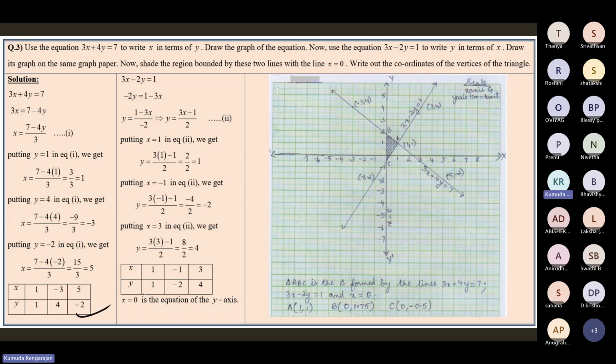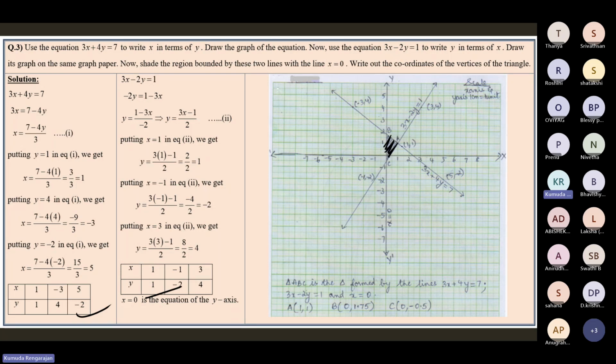Then once you prepare the XY tables, you have to plot the points, connect and get the two lines. The other line is x is equal to 0, which is the y-axis. So now we have 3 lines, and we have to shade the triangle bounded by the 3 lines. We did that.